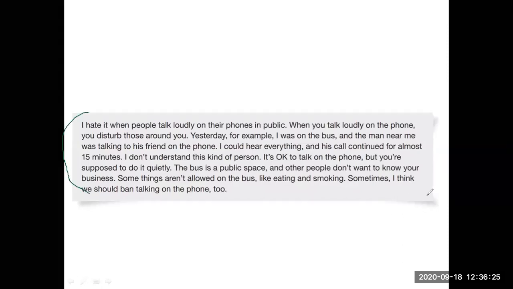When somebody does something in front of you that you don't like, you say, I hate it when people talk loudly. That means that you don't like that, that it bothers you. So you can use this example to complete that topic that I sent you yesterday.